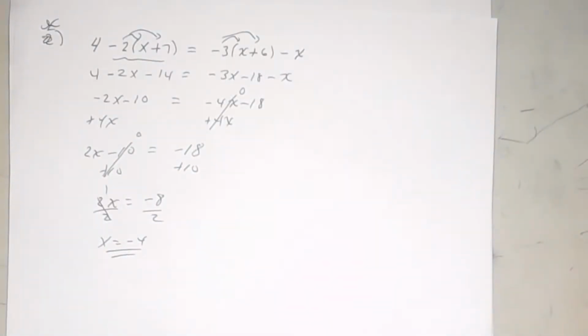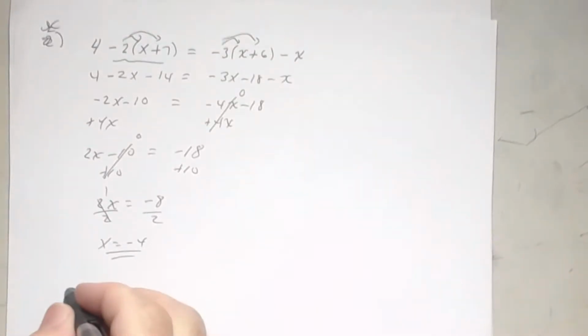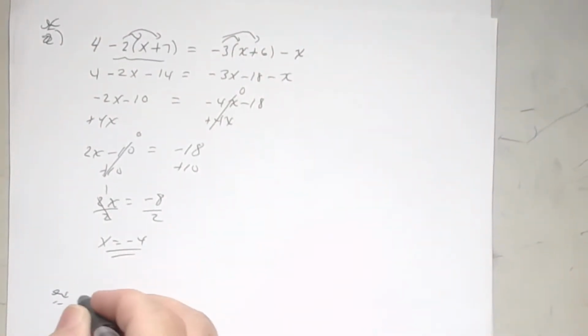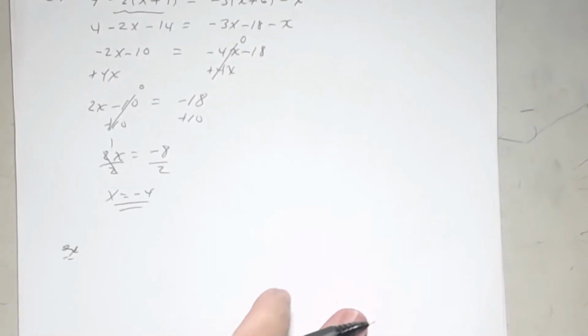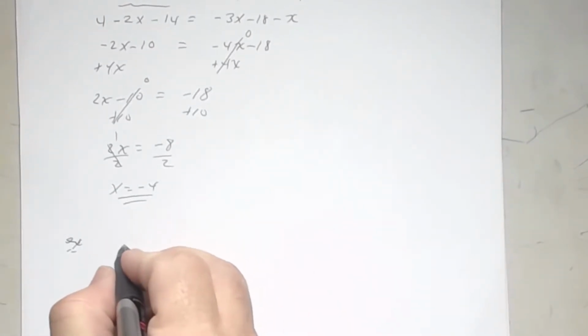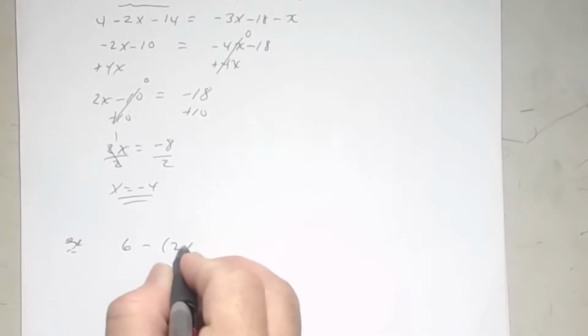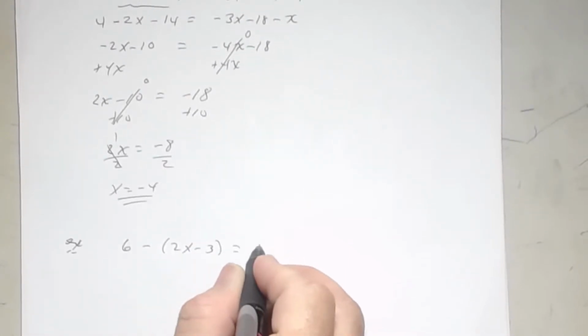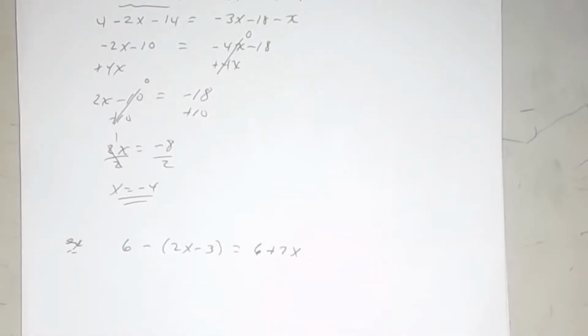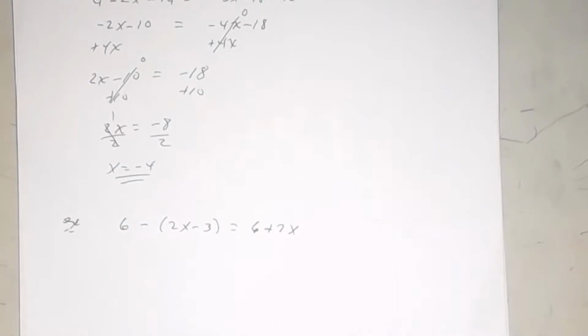Okay? All right. And then some of you had an issue with something like this. Suppose you had 6 minus 2x minus 3 equal 6 plus 7x. All right, so what are you going to do?